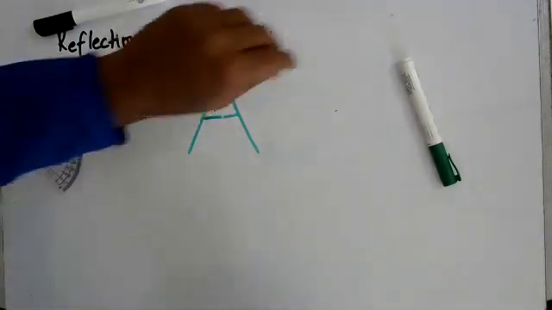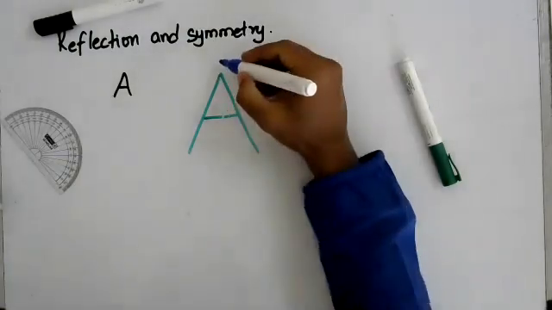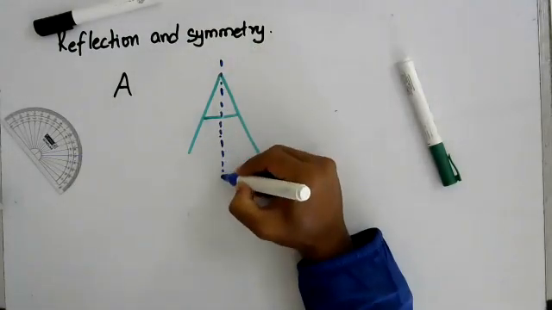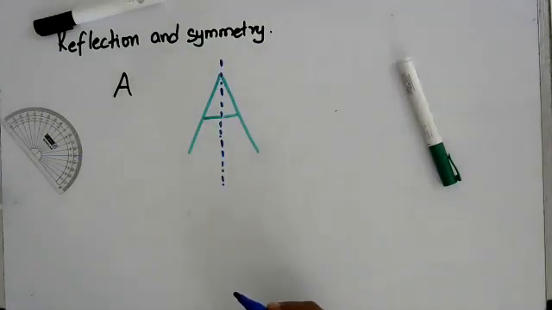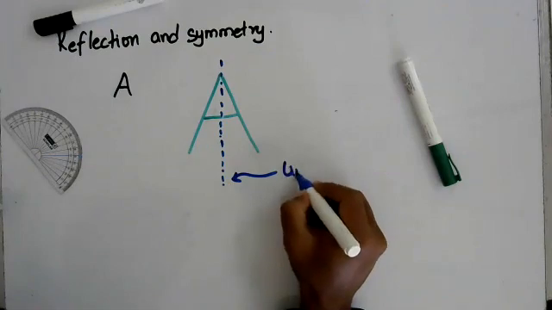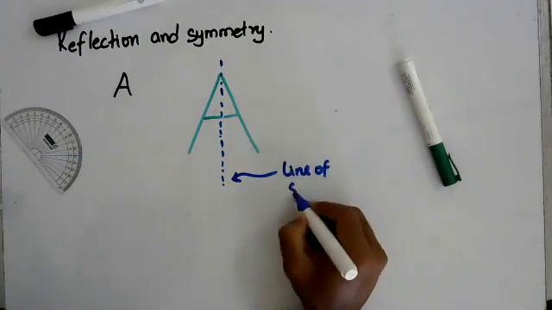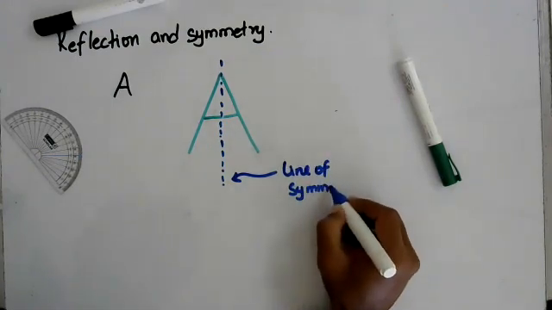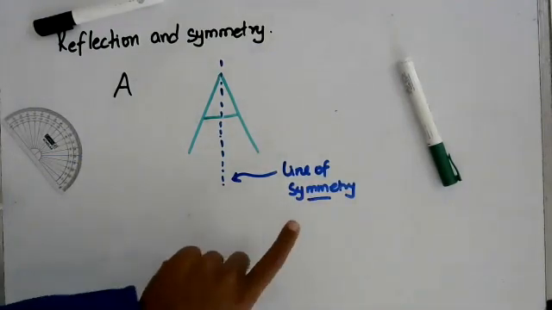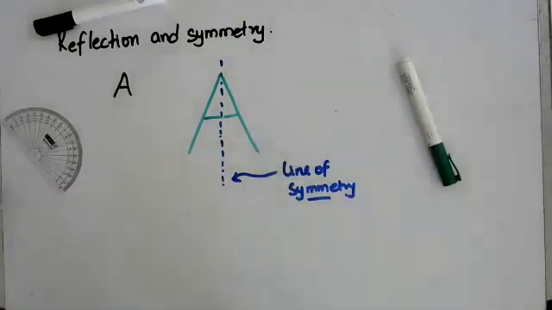Okay, so then we say that this line on which we place the mirror, okay, that line is described as a line of symmetry. Why do we say that? Is because symmetry means equal on both sides.